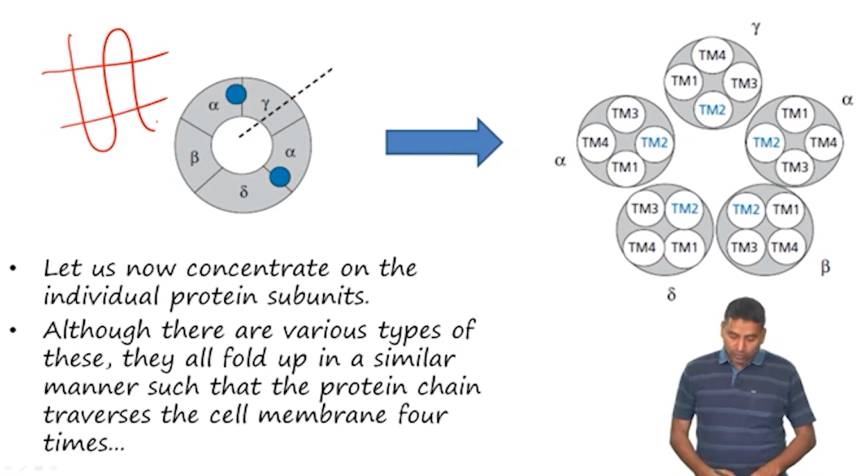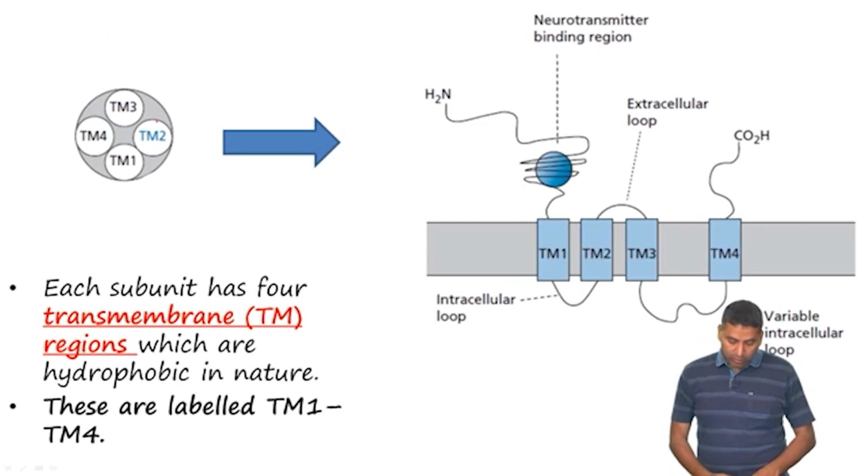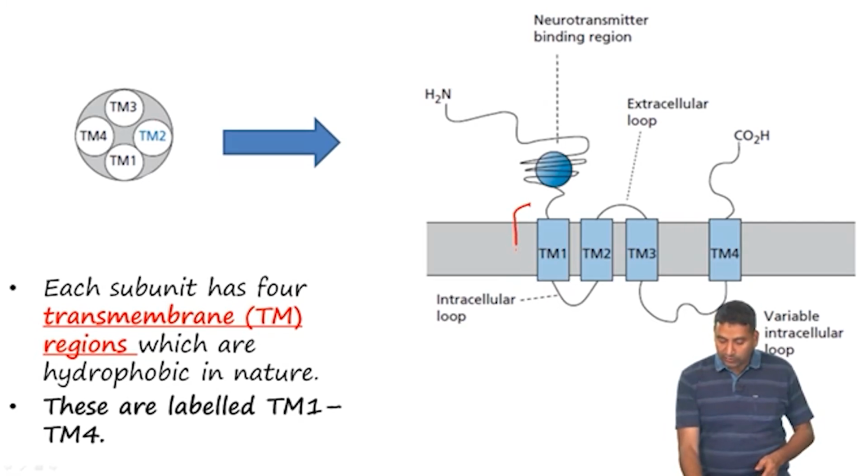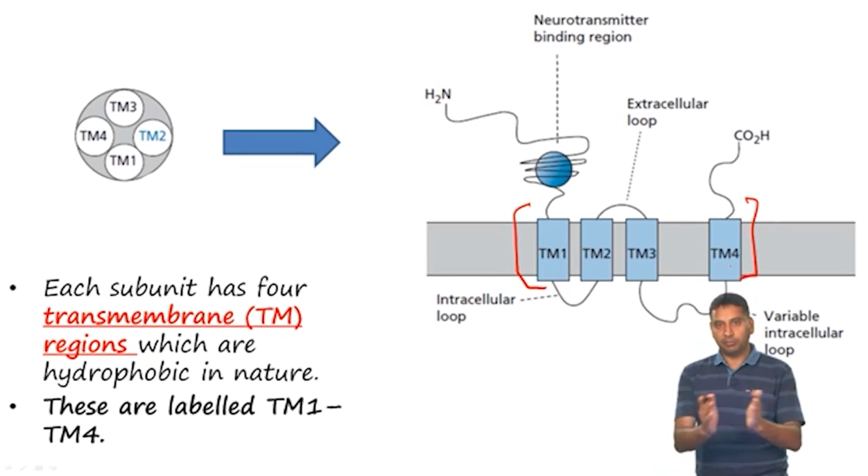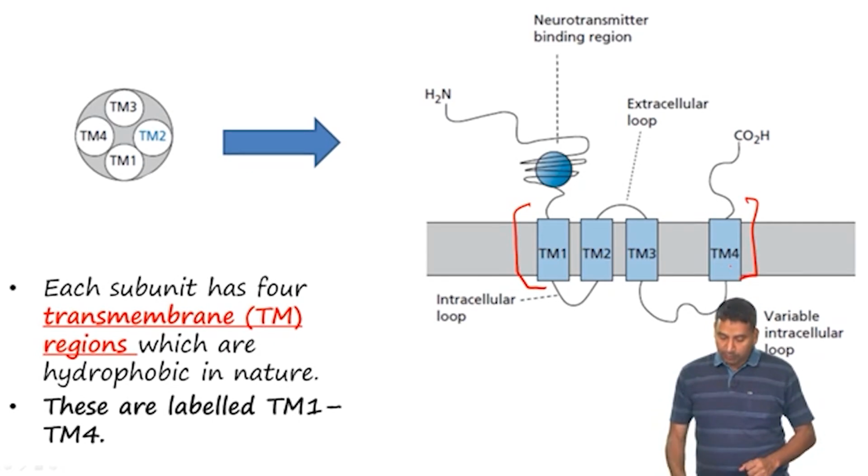Each subunit has 4 transmembrane regions which are hydrophobic in nature, and one can reason out why these need to be hydrophobic, because they need to interact with lipids on the membrane, and they are labeled as TM1, TM2, TM3 and TM4.